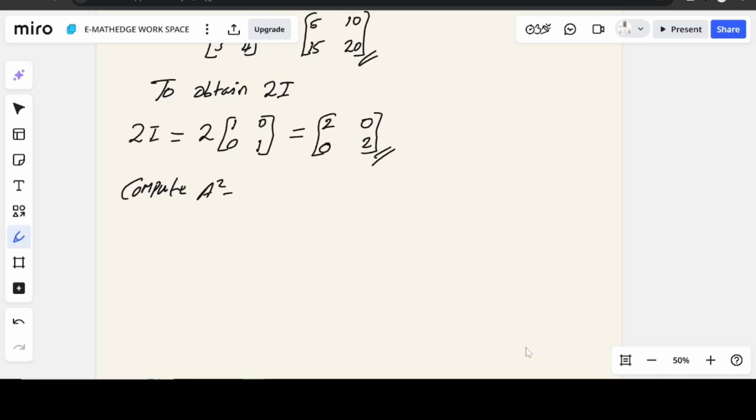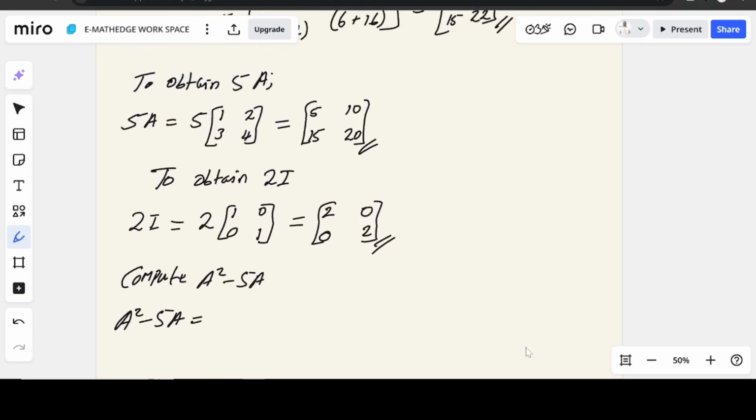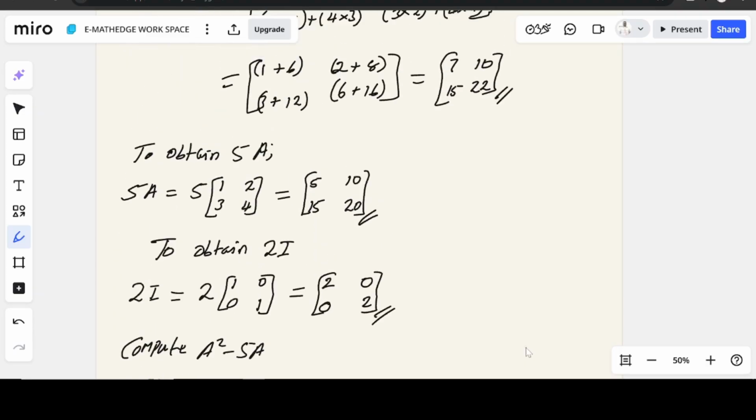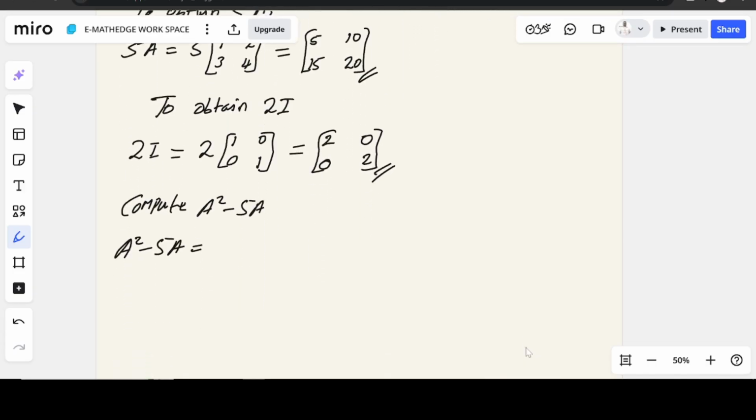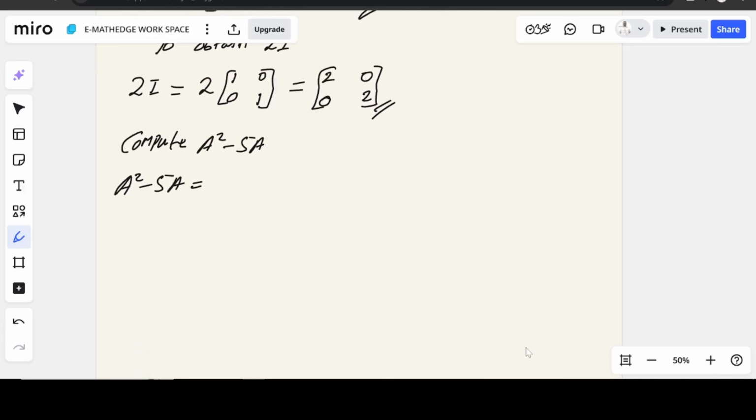A square minus 5A. Now, A square minus 5A, what is matrix A square? We've obtained it earlier to be 7, 10, 15, and 22. So we have it to be 7, 10, 15, and 22, right?